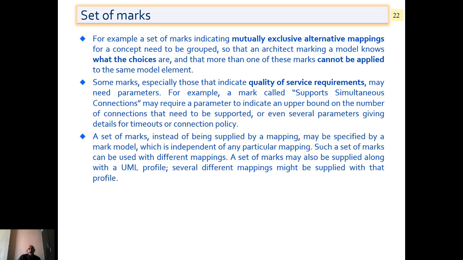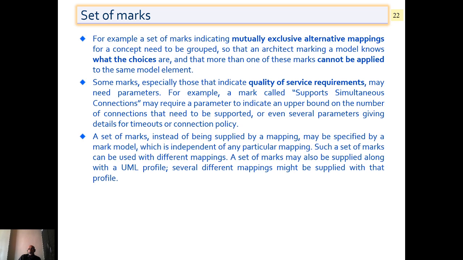Proceeding next, after finding out the marks, you can build a set of marks, that is, mutually exclusive alternative mappings, right? Why they have to be mutually exclusive, you can think. Bidirectionality, dual interpretation has to be avoided, so that's why the set of marks has to be mutually exclusive.